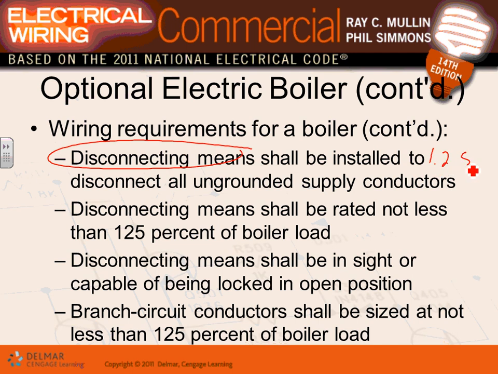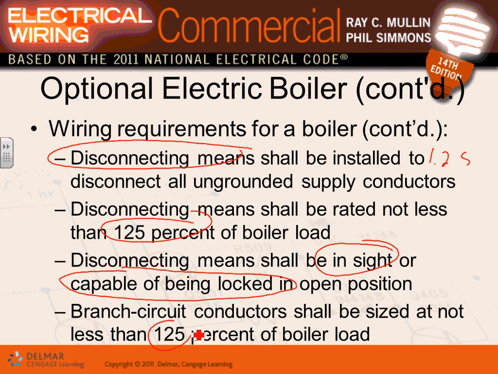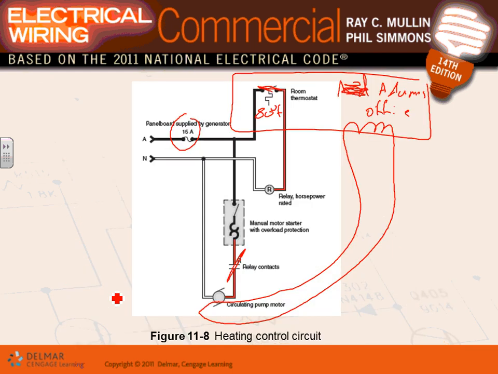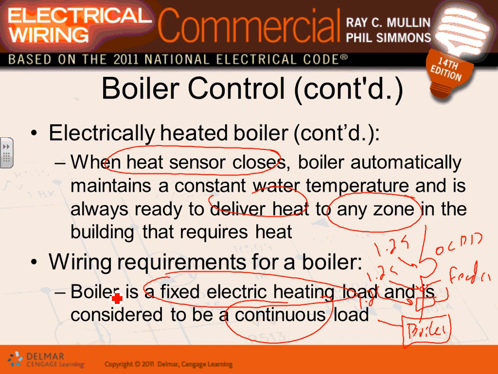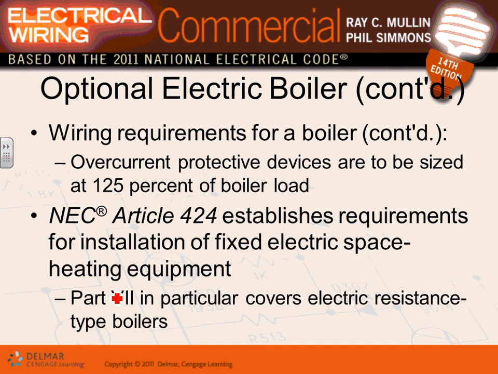Disconnecting means shall be sized at 125 percent. Disconnecting means shall be within sight or capable of being locked in the open position. So you put the disconnect within sight of the boiler. The branch circuit, same thing, guys, 1.25. Remember how I drew that one here for you? So you size the overcurrent device, disconnect, and conductor, all at 1.25. Very easy, very simple.